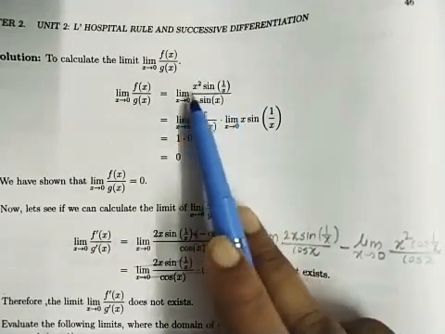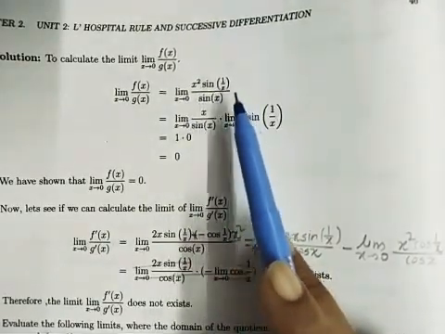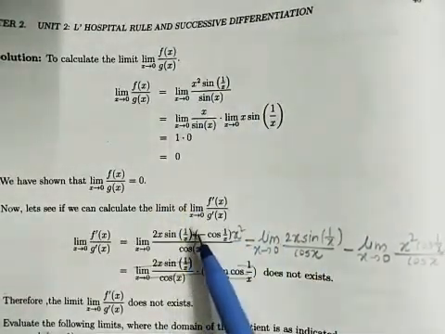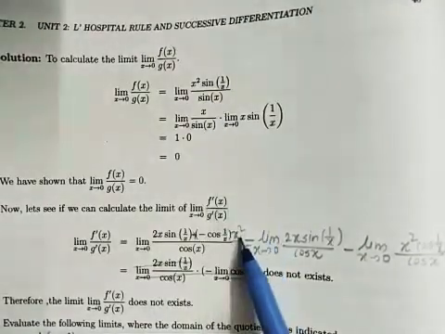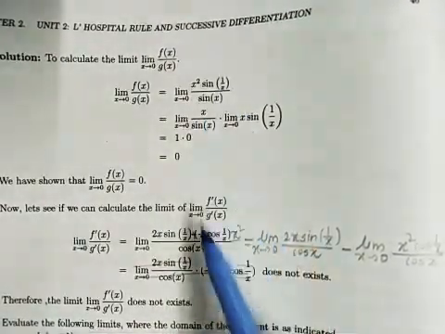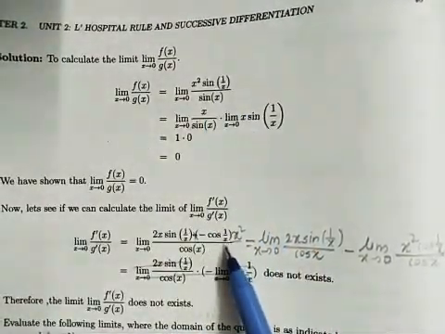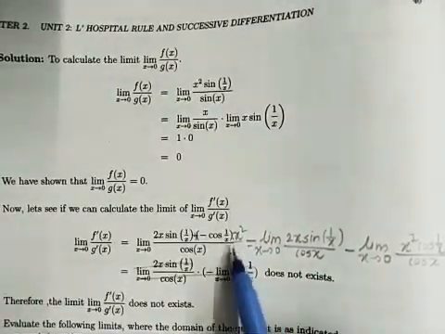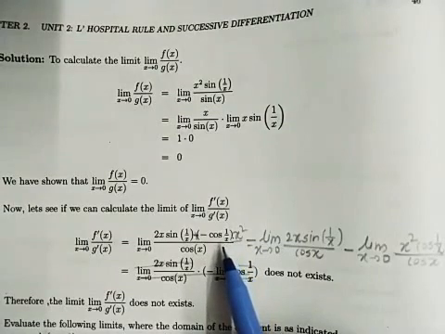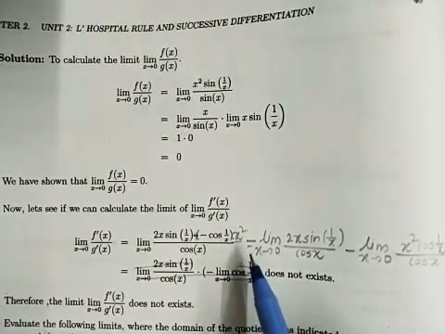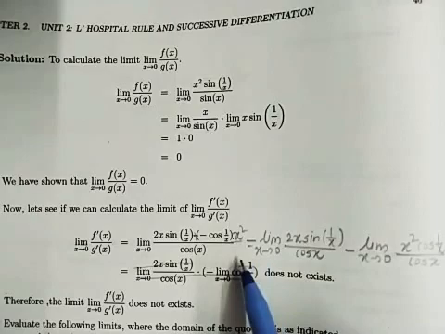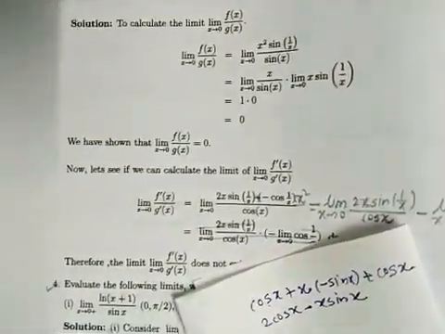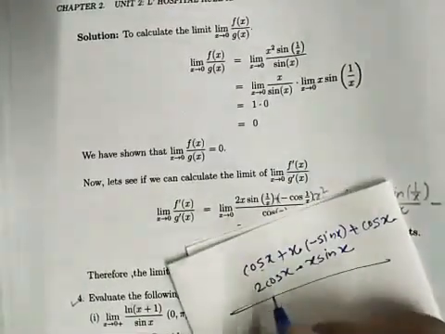So its derivative, using the u into v rule: derivative of x square is 2x, sin 1 upon x as it is, plus x square as it is, derivative of sin 1 upon x is cos 1 upon x into again the derivative of 1 upon x, which is minus 1 upon x square. So x square will get cancelled. I am solving it here. What is f of x?